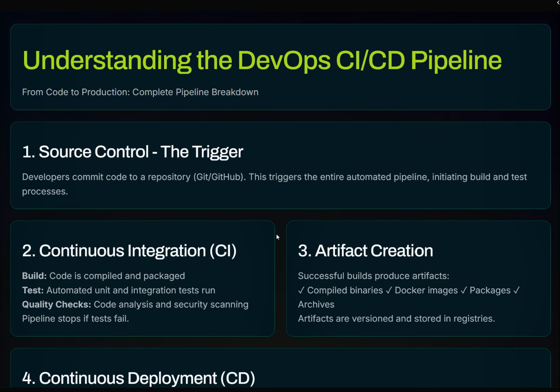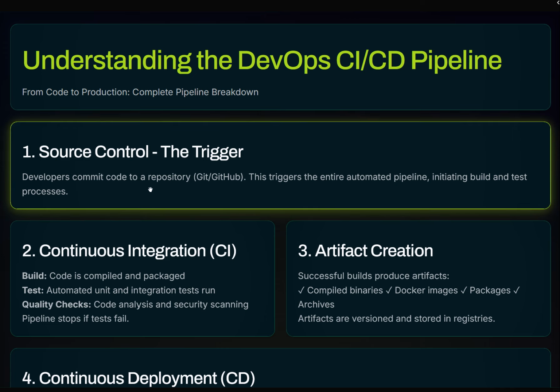So that is some sort of screenshots. Now let's have a look at understanding the DevOps CI/CD pipeline. That is the pipeline from code to production. Source control trigger is the first step. A developer commits code to a repository.